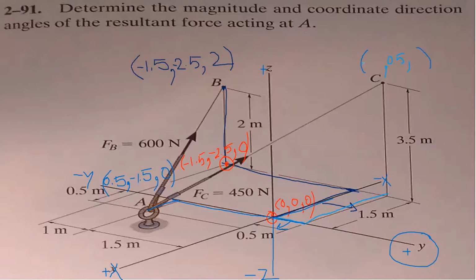Then you have to raise this point up to reach point C. So the z component is 3.5, which is positive. If this point is downward and that is again 3.5 meters, then z will be minus 3.5.